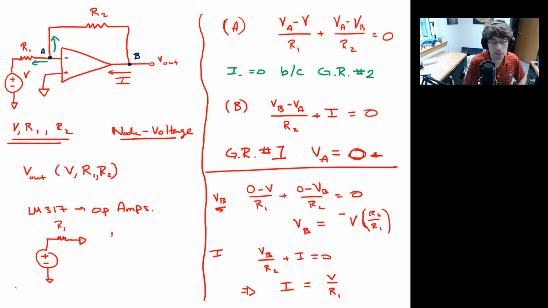In that situation, the current would be simply equal to V over R1. Cool, huh? Now get your mind wrapped around that. Make sure you can follow that argument. And please bear in mind, we've applied both of our golden rules here to make our lives easier with the analysis.